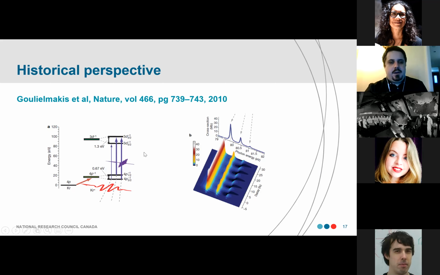And depending on which state it is in, or which character it's showing when the XUV pulse arrives, it will preferentially absorb more or less, because it's more likely for it to go from the 3/2 to 3/2 than it is for it to go from the 1/2 to the 3/2. And you can see this, it's the longest arrow. In this plot here, we're showing the delay versus the cross-section on the y-axis.